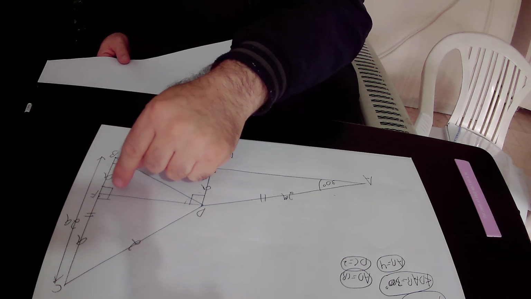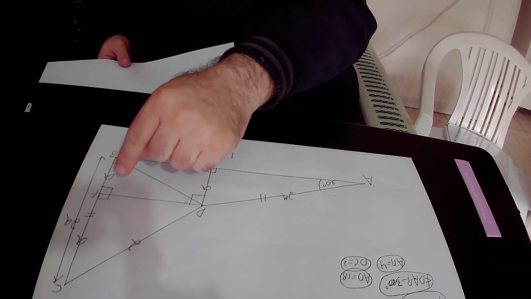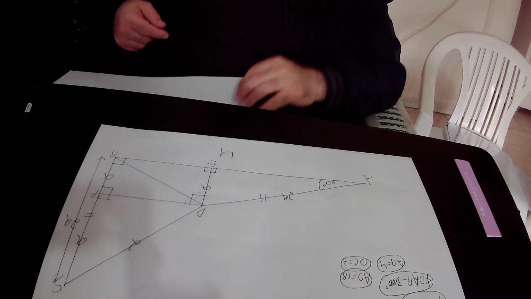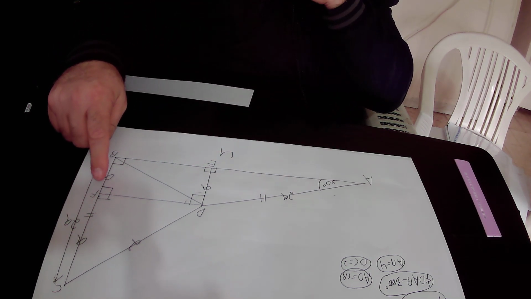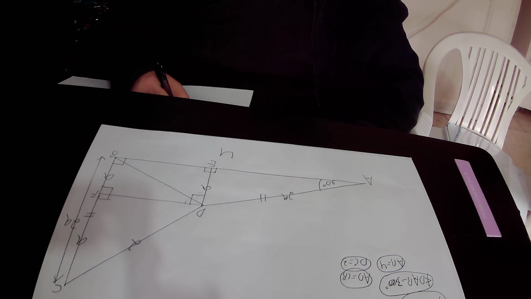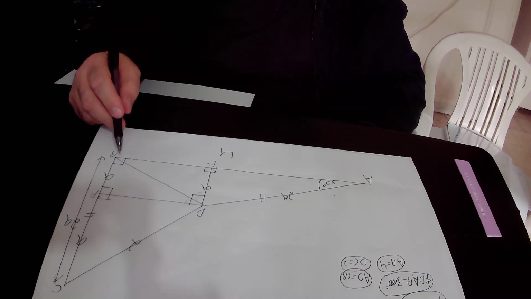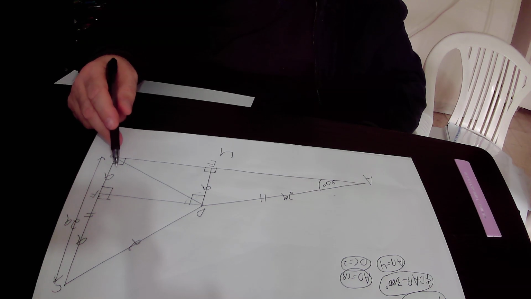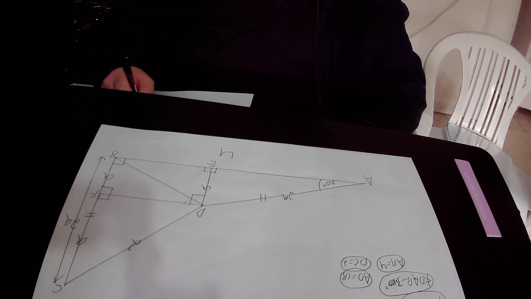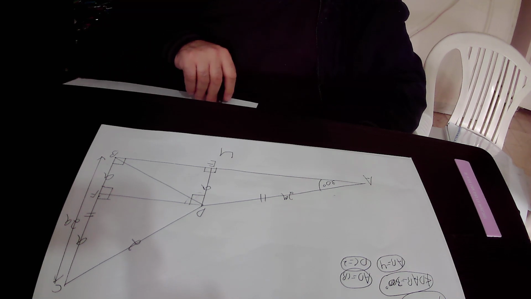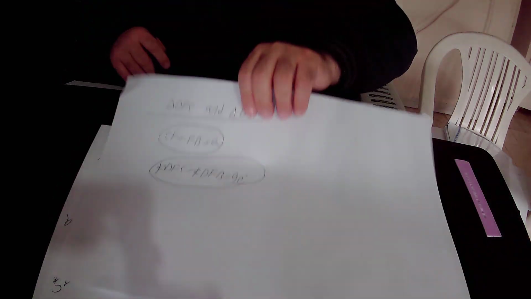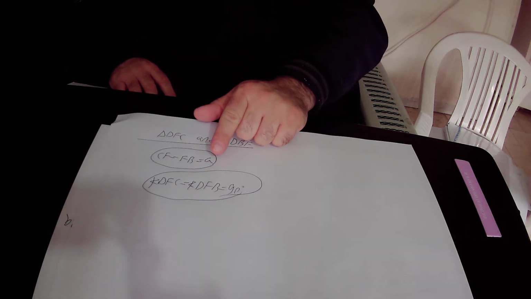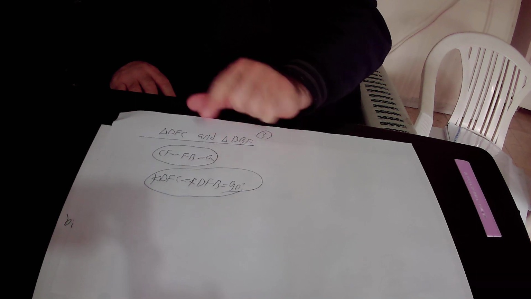Those two angles are both right angles, that is to say they are equal to 90 degrees, therefore they are equal to each other. So angle DFC, this angle, is equal to this angle DFB, and they are both equal to 90 degrees.